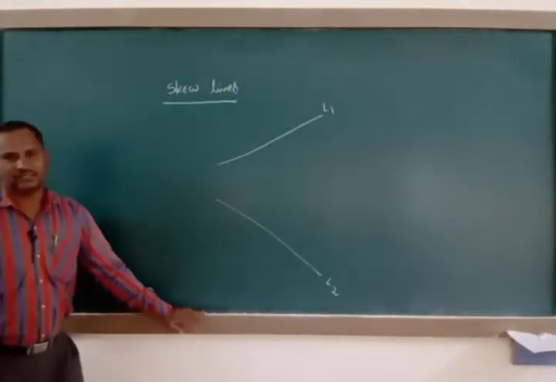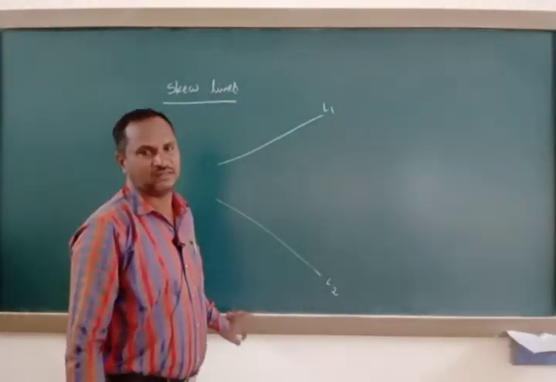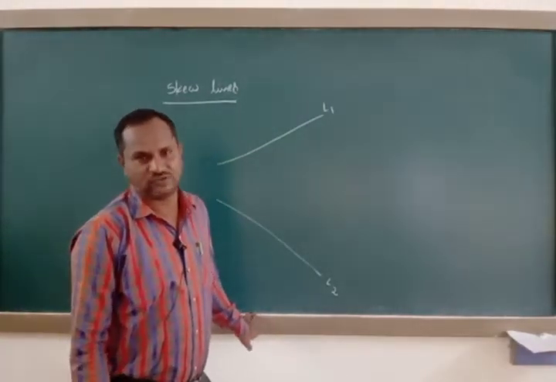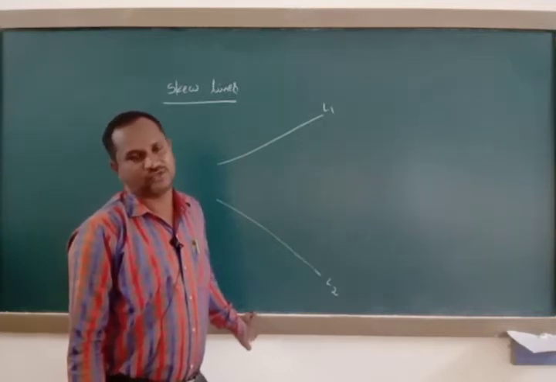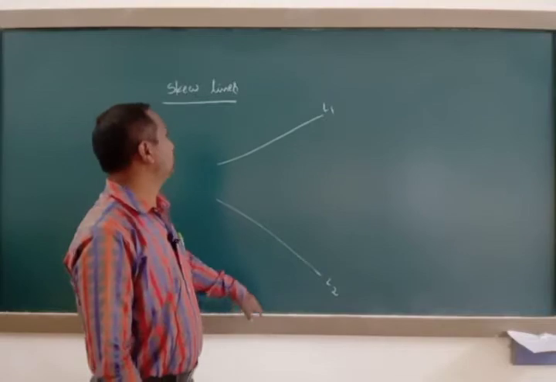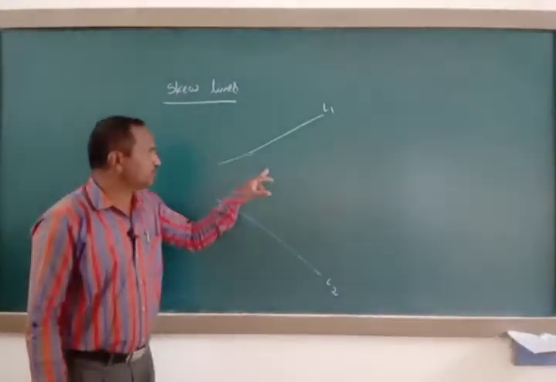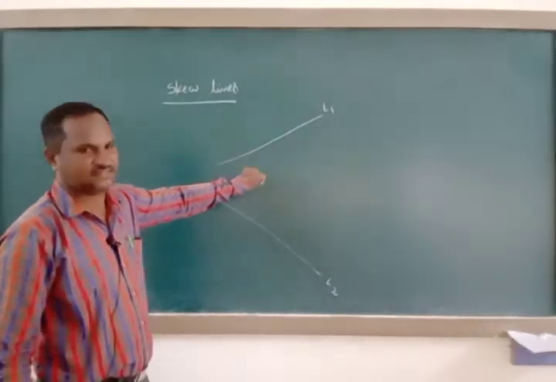That's why in three-dimensional geometry, the definition and concept of skew lines is: lines which are not parallel and not intersecting are called skew lines. How to find the distance between these two skew lines?